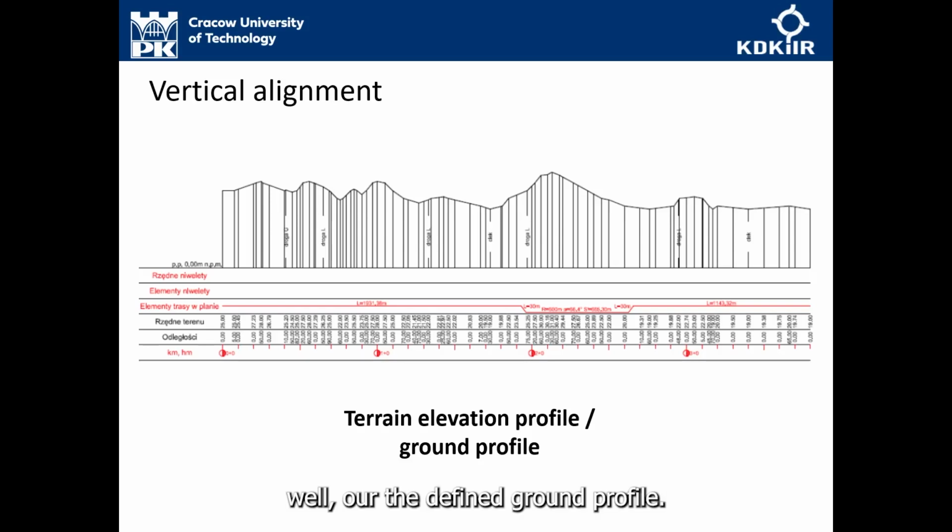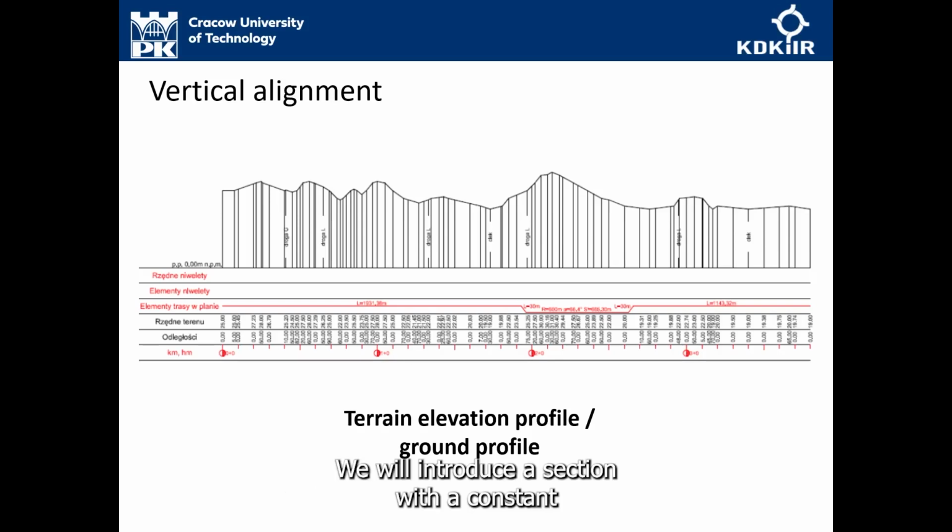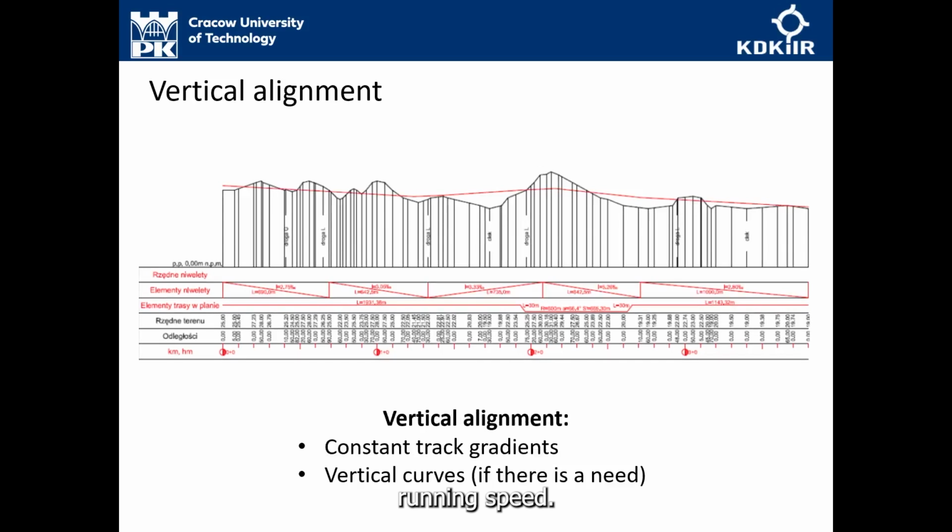For our defined ground profile, we will introduce sections with a constant gradient P. Remember the maximum and minimum values, and also that if it's necessary, we design vertical curves.